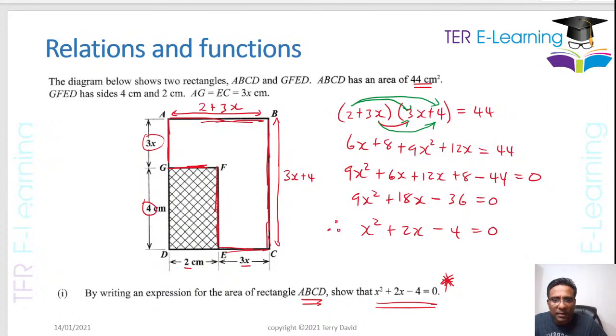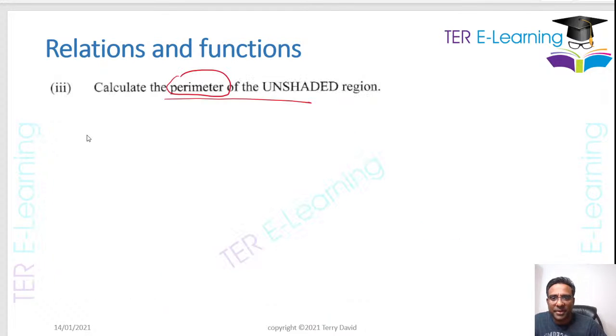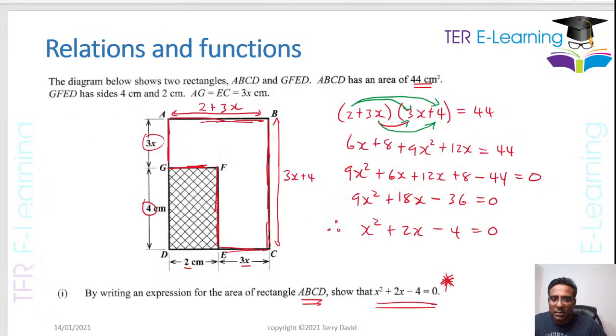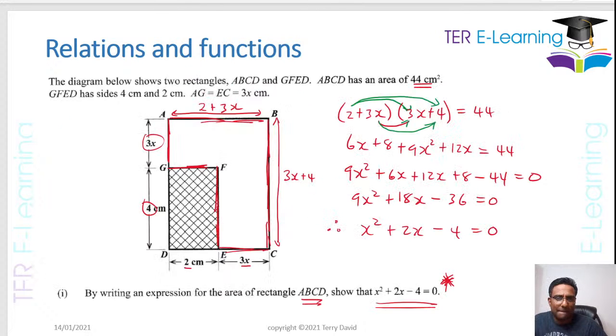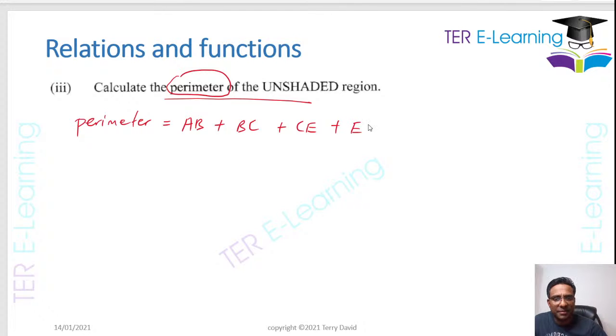So perimeter is equal to, and from the diagram we're going to say AB plus BC plus CE plus EF plus FG plus GA or AG.